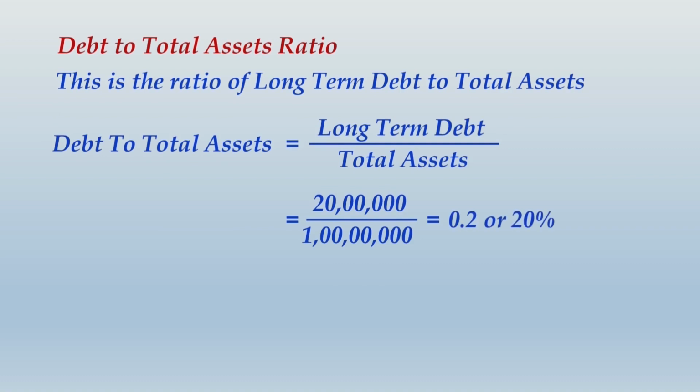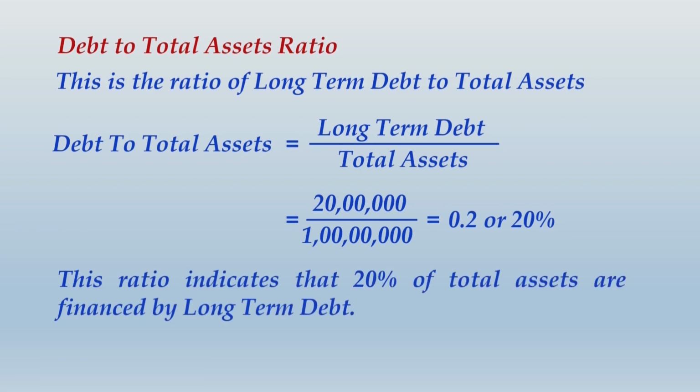Long-term debt in our case is 20 lakhs, and total assets means all types of assets taken together, that is your current assets, fixed assets, your investments, everything taken together, that is 1 crore in our balance sheet. So what do we interpret out of that? This ratio indicates that 20% of total assets are financed by long-term debt.